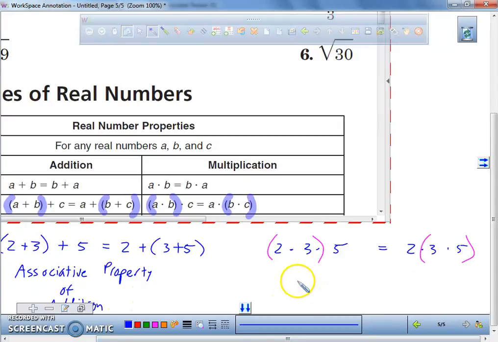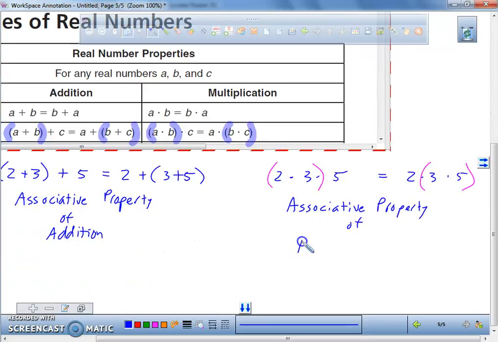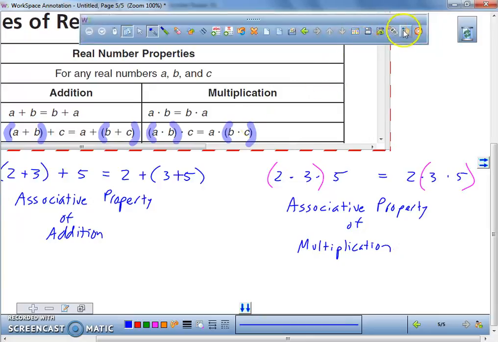What would I call that? Associative property of multiplication. Very good. Associative property of multiplication. So I just want you all to be specific when you look at one of your problems, like which one does this best fit. Just be as specific as possible.